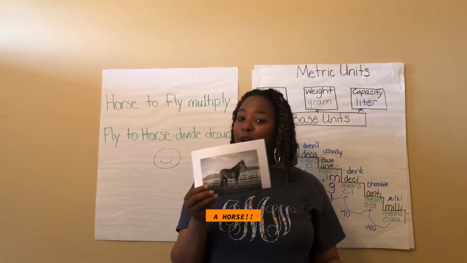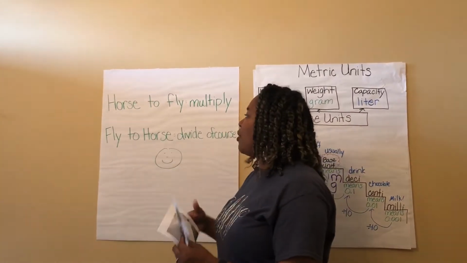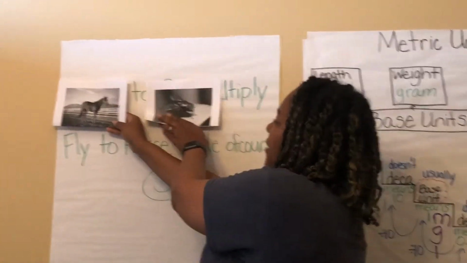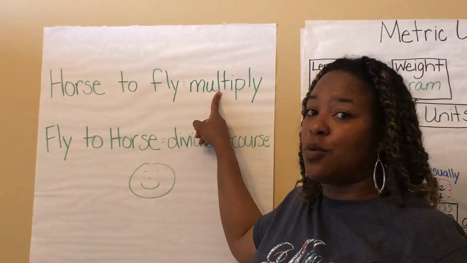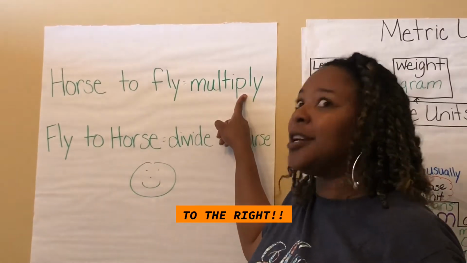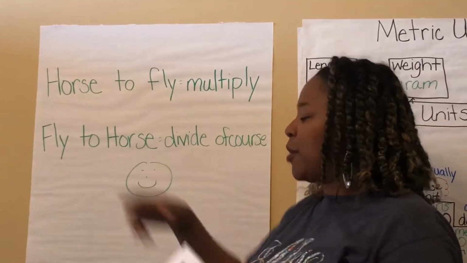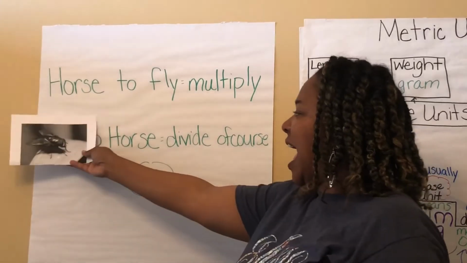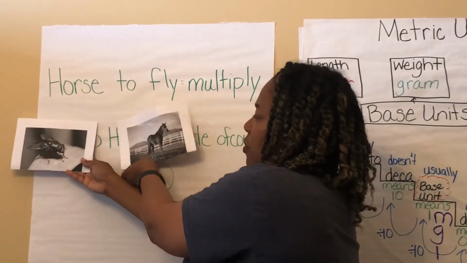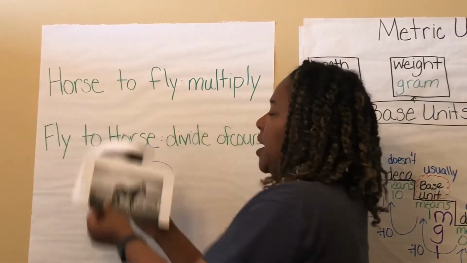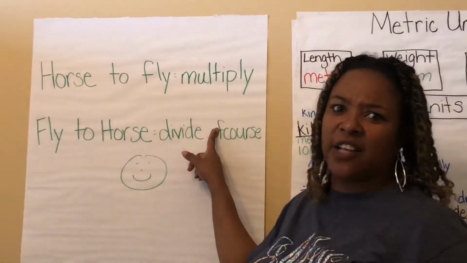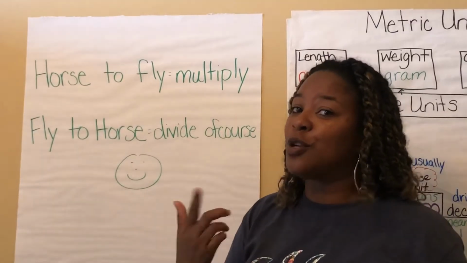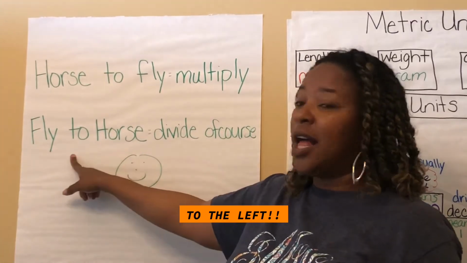A horse is bigger than a fly. So if I'm going from horse to fly, I would multiply, which means I'm going to move to the right. Good job. And if I'm going from fly to horse, which means I'm going from smaller to bigger, I'm going to divide, of course, which means I'm going to move to the left.